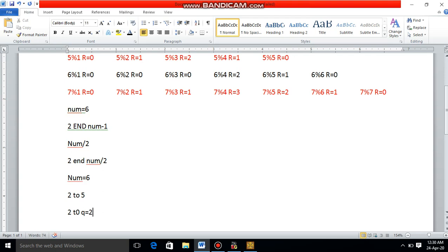That is, it is more than enough to divide a number from 2 up to 2, that is, divide the number by 2 up to its half.